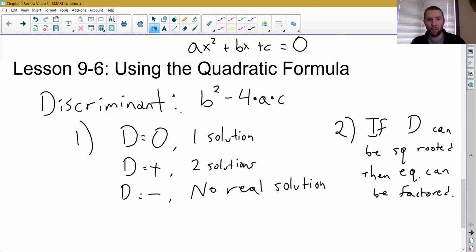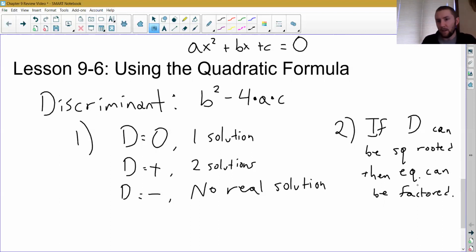So if the discriminant comes out to be, let's say, 49 or 64 or 9 or 16 or 25, those numbers that we can square root, or 100 or 144 or 1 or anything like that, then we know the equation can be factored.